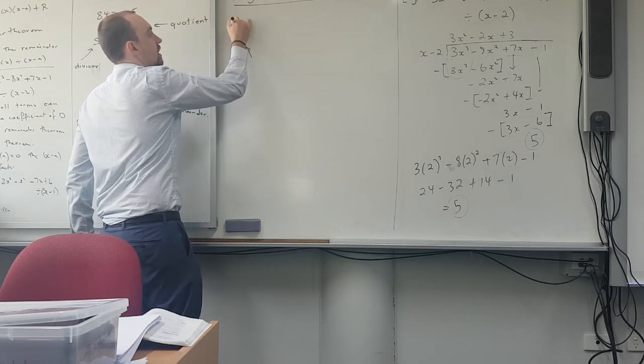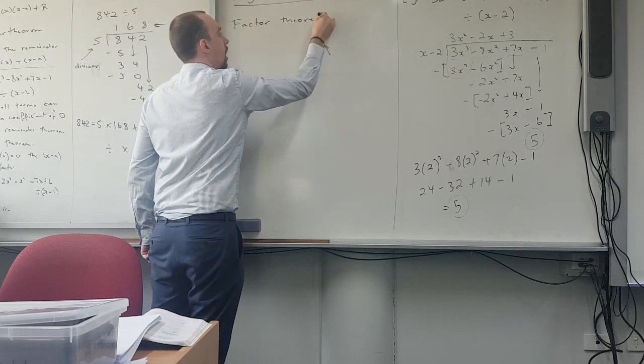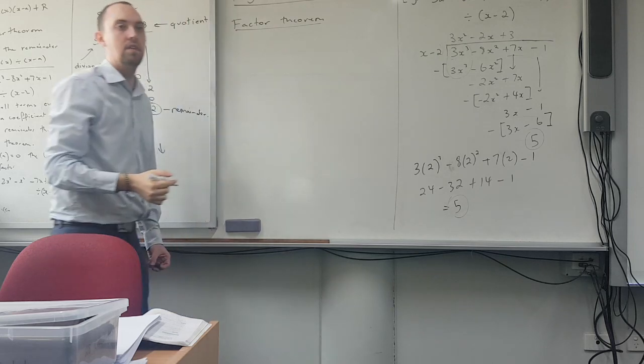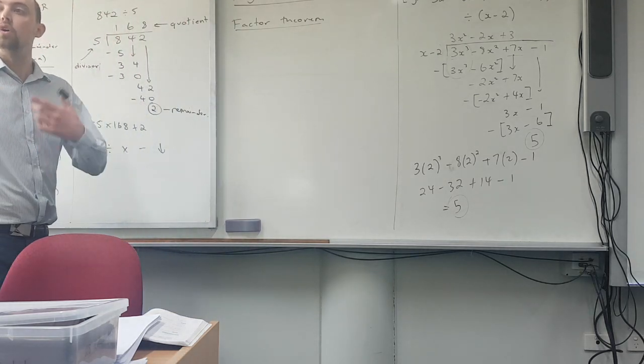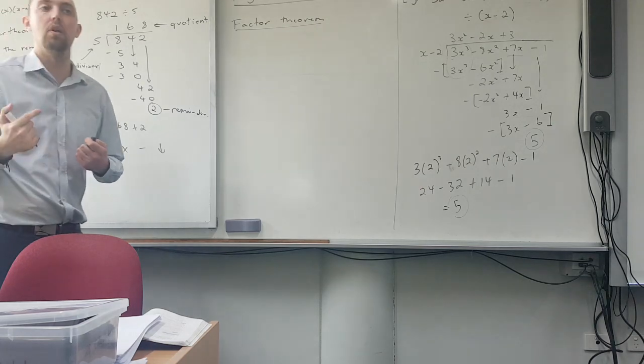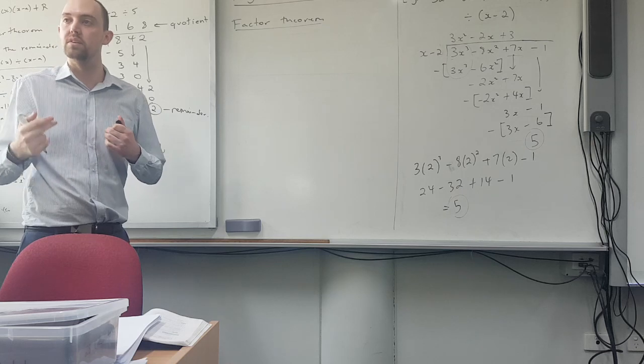And we're going to talk about the factor theorem. Now, because we're trying to take out common factors from a polynomial, we want the remainder to be 0.